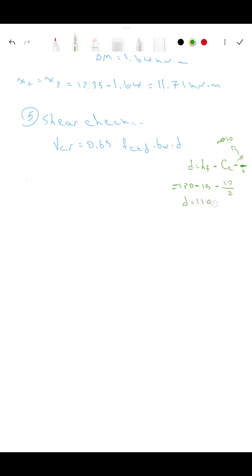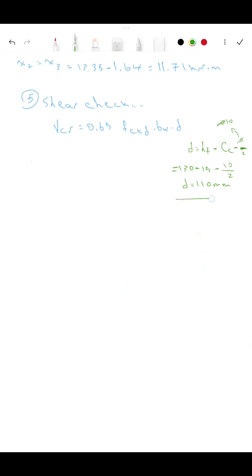Another point: what's the meaning of this? The D is the effective depth. So when we are designing, let's consider that this is the original reinforcement that we have. D equals the distance from the middle of the steel bar up to the top of the slab. This is the D and this is the HF.